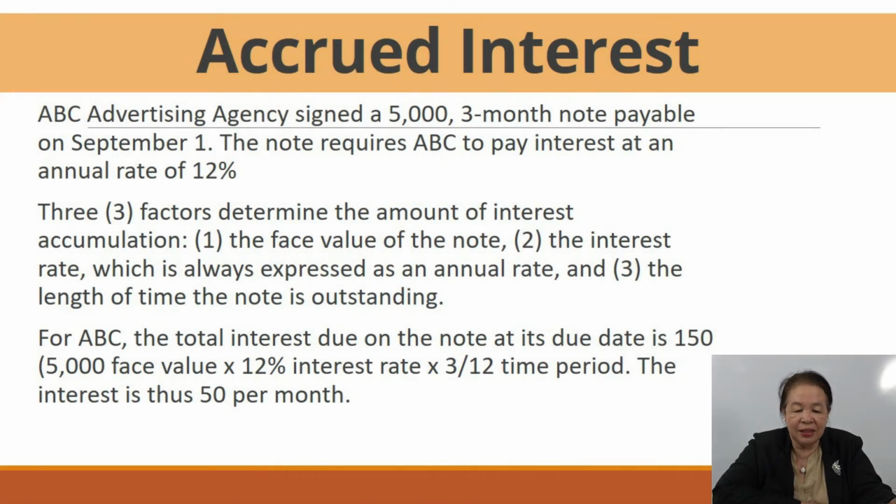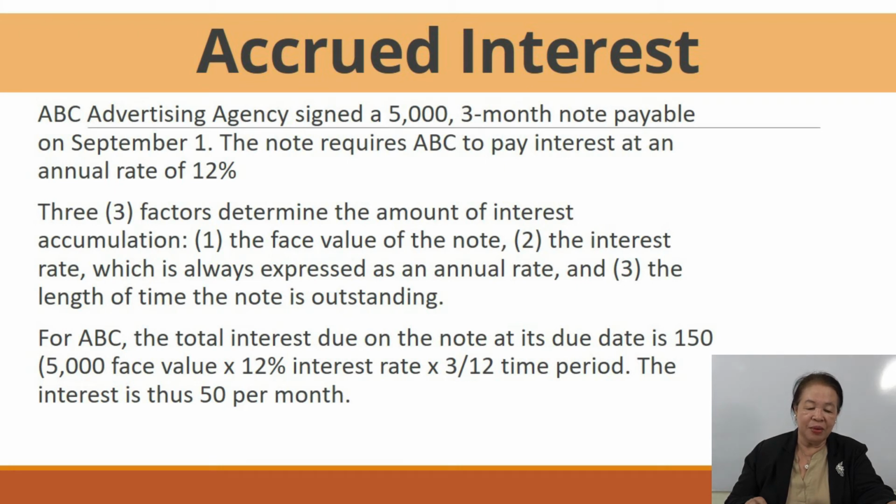Accrued interest. How do you record the accrued interest? How do you come up with an adjusting interest entry here? So ABC borrowed 5,000 for a 3-month note payable. The interest rate is 12%. How are you going to compute the 3-month interest at 12% per annum?